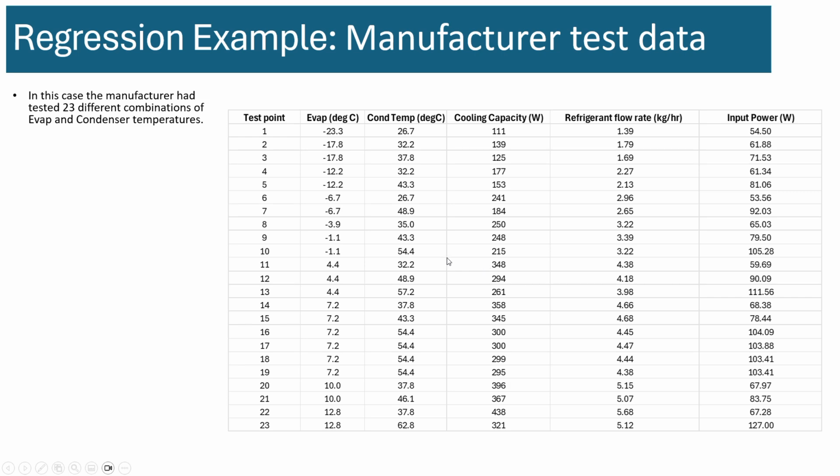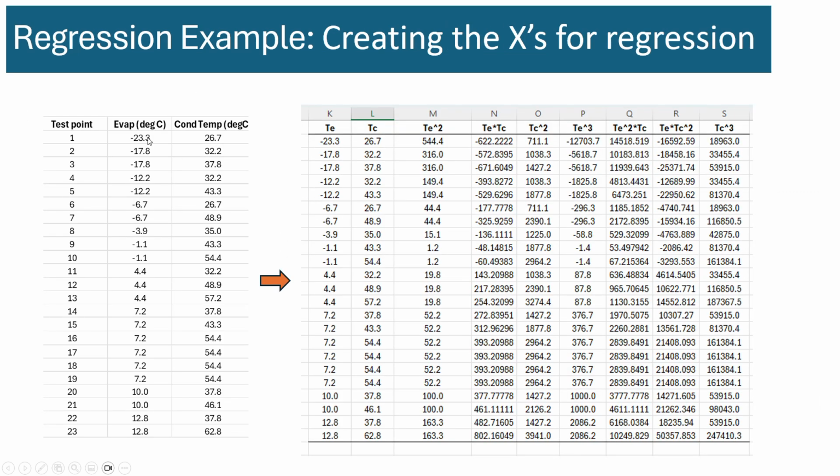Okay, so that's a little bit tricky. The first thing to do is write down all the x's. So you have the evap temperature and condenser temperature. Write down all the different x's you have, the 9 different ones that we just talked about: T, Tc, T square, T times Tc, Tc square, T cubed, T squared times Tc, all of these. T is basically the evap temperature, Tc is condenser temperature.